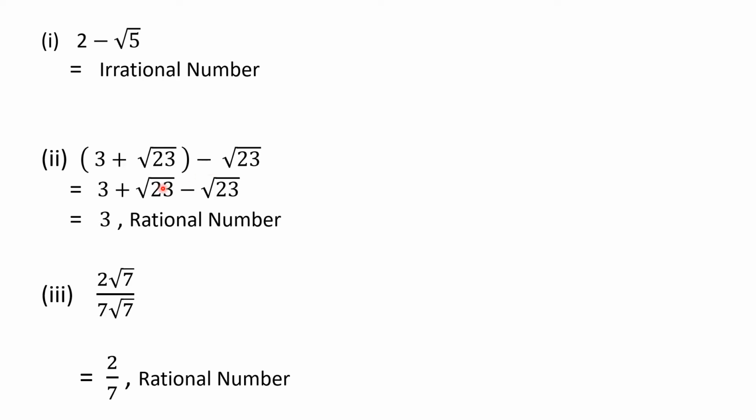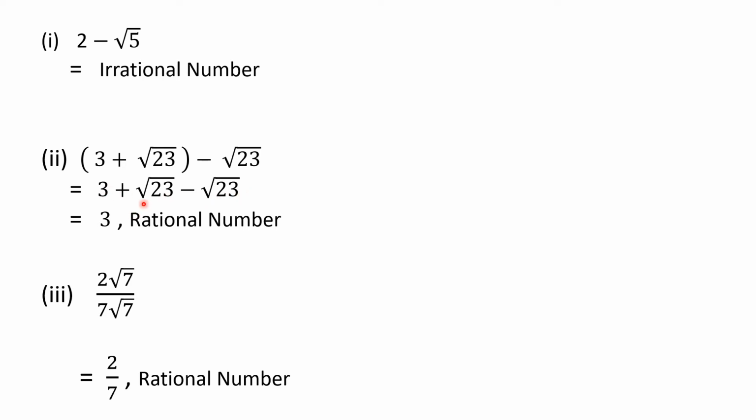First I need to remove the bracket. So I just remove the bracket and I write 3 plus root 23. Now the next was remaining, minus root 23. So I write minus root 23 here. Now as you can see, this is root 23 minus root 23, which is 0. Because 3 minus 3 is 0, 5 minus 5 is 0, like that root 23 minus root 23 is 0.